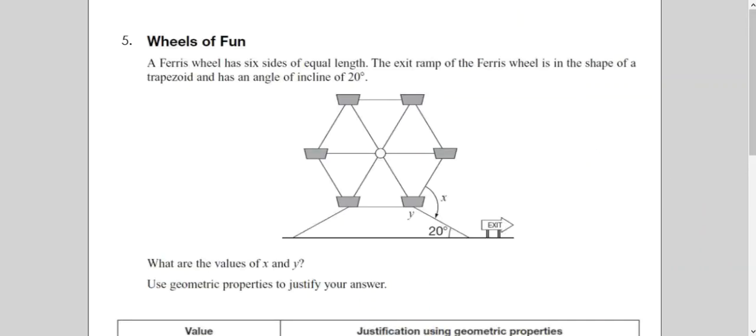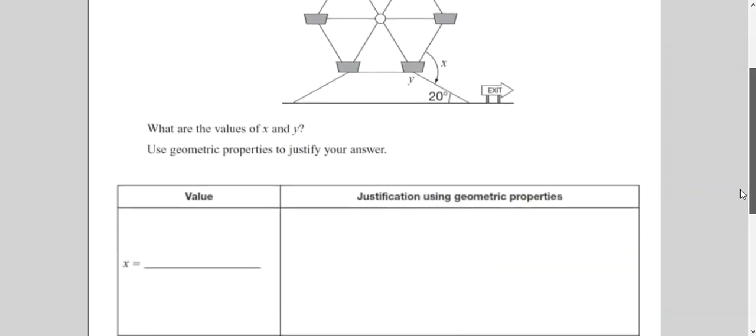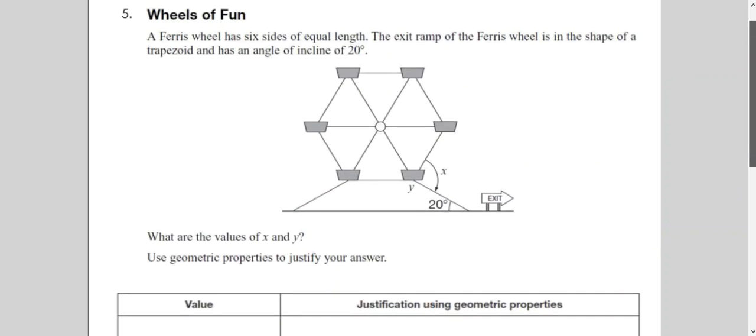All right. So this is going to be the last one, and then we'll shut it down and let you guys try it. A Ferris wheel has 6 sides of equal length. These are equal length.